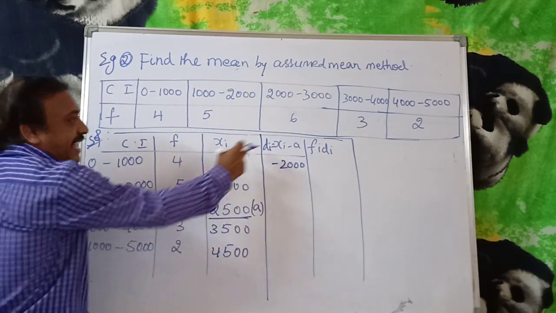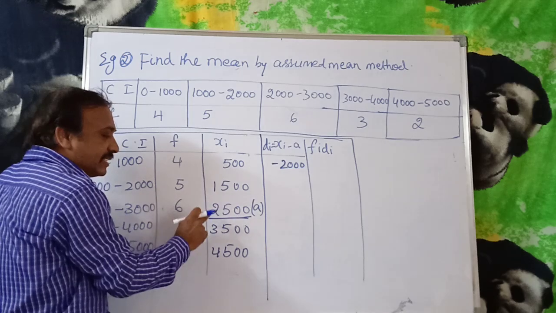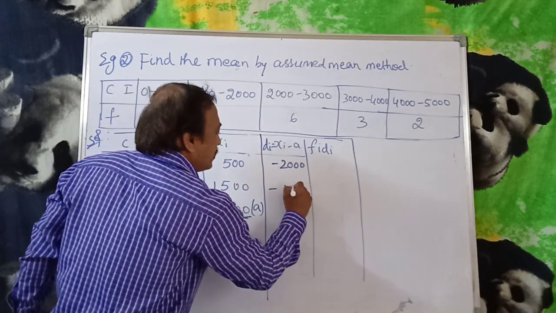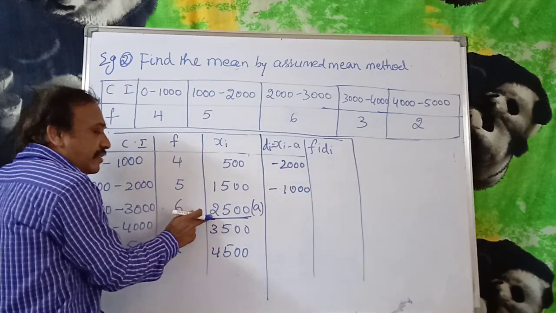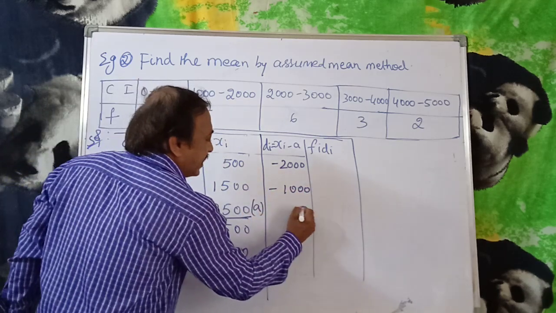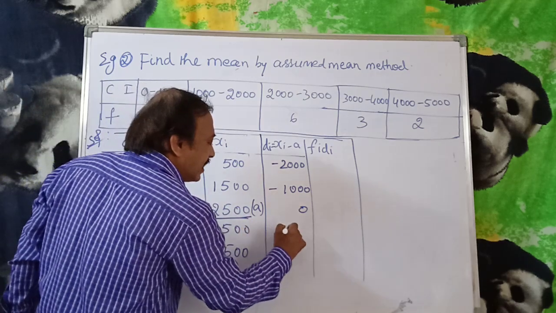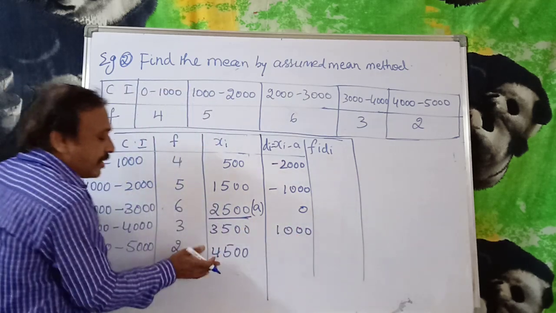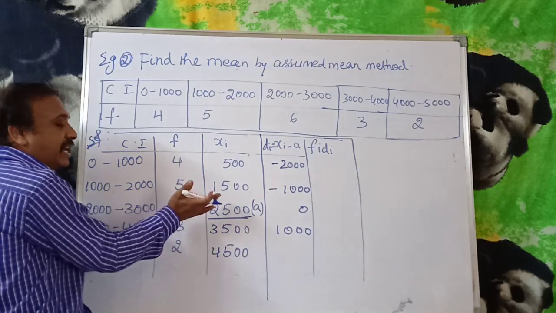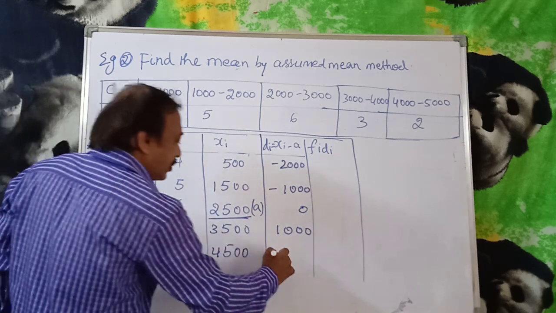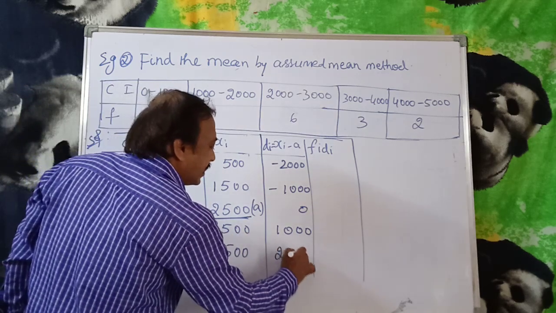Then 1500, first xi, then a value, 1500 minus 2500, that is minus 1000. 2500 minus 2500, 0. 3500 minus 2500, that is 1000. 4500 minus 2500, so 2000.